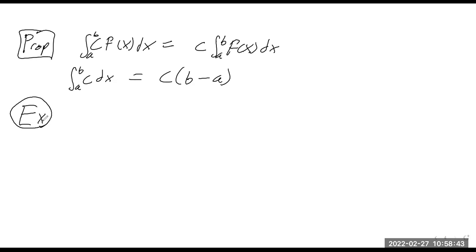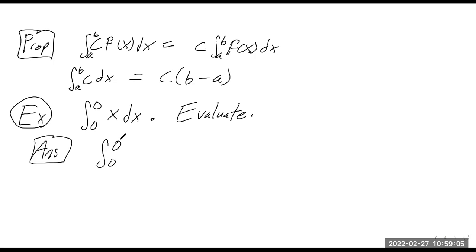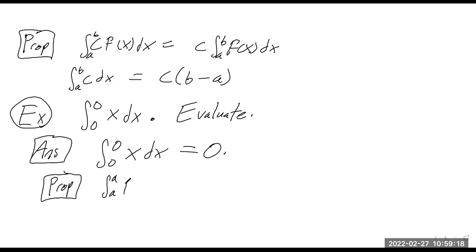Now, as far as our introductory properties, I think that this is going to be the last one I'll discuss. Suppose that we have the integral of x from 0 to 0, and we want to evaluate this. Well, this is actually a pretty simple answer. It's 0. And it's due to the following property.